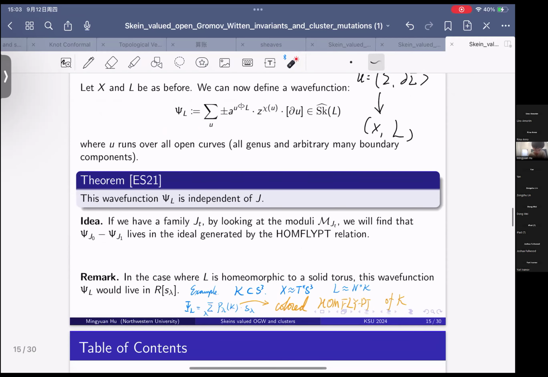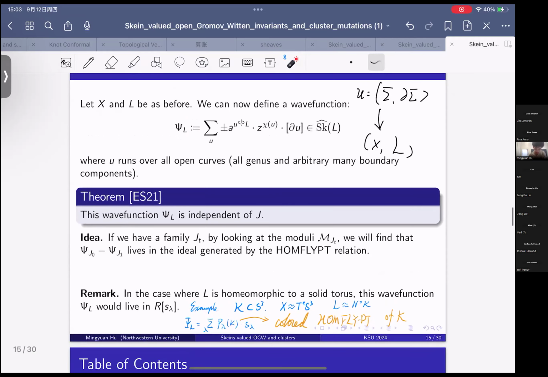And my remark is that when L is topologically a solid torus, the wave function lives in the ring of symmetric functions. So actually, people have computed such a generating function, or they call it a partition function, a long time ago. Physicists use a method called the topological vertex, and they get a power series of symmetric functions.